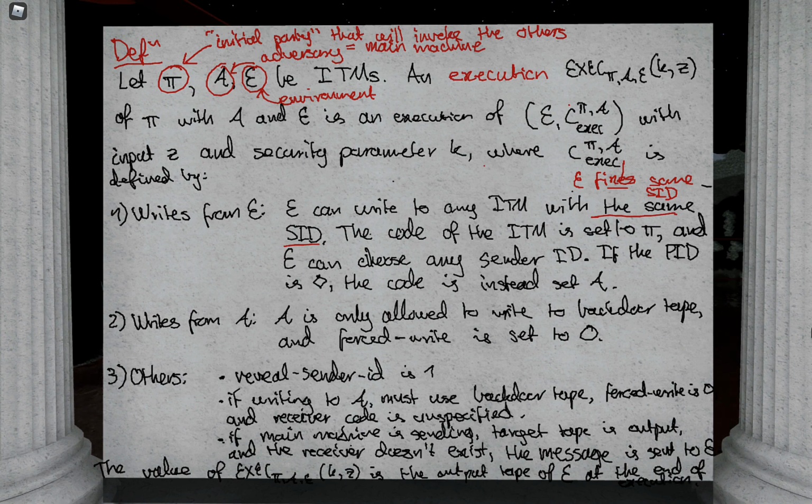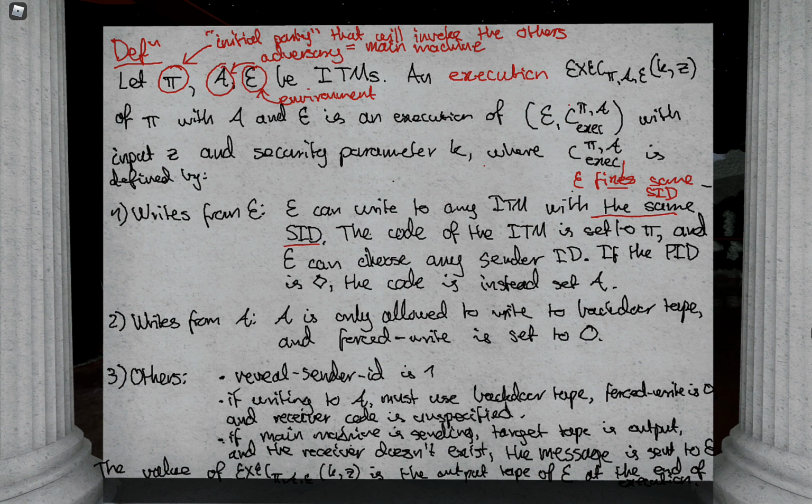Okay, so this definition is a lot of words, but it's sort of just codifying what we already intuitively understand, right? We have some fixed input Z, and we're going to parameterize over all possible values of Z to make sure that no input can break the protocol. We've got some asymptotic parameter K. And then we take the environment, we execute it in such a way that it can only talk to things with the same session ID, it can only create pi or a, and if it's talking to pi, it can choose to impersonate whoever it likes.